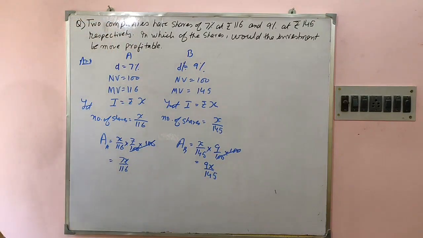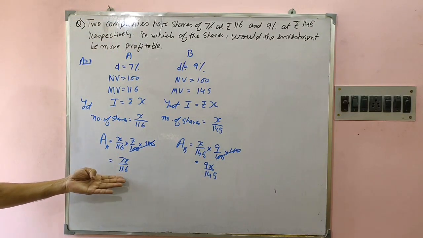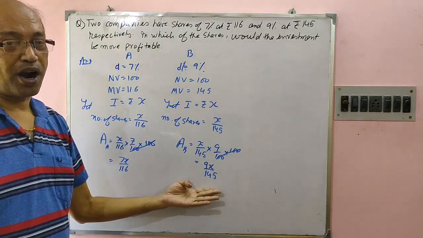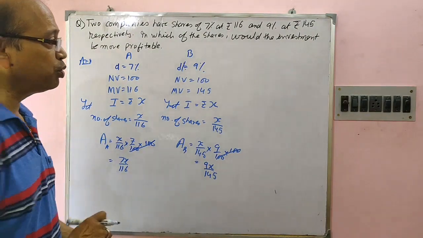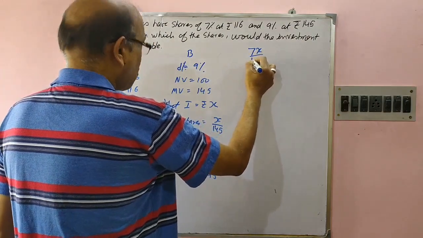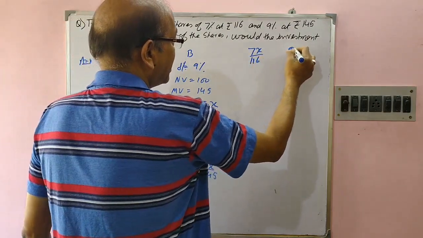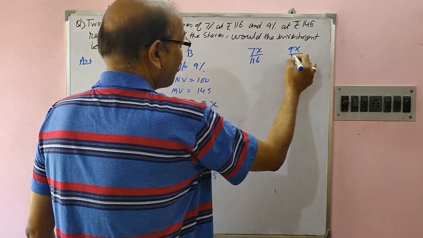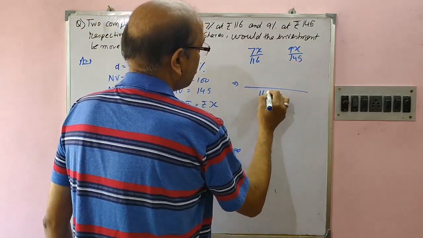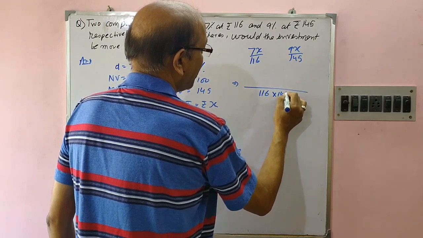Now we have to find which is more, 7x by 116 or 9x by 145. How do we do it? Simple method, take the LCM, 116 into 145.